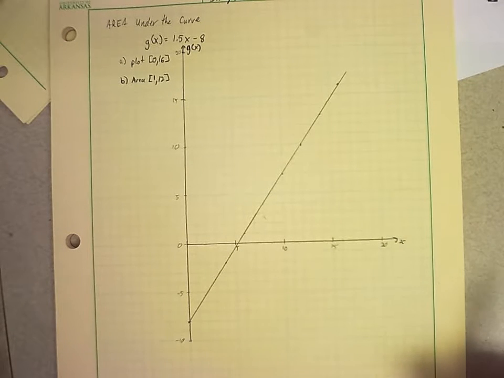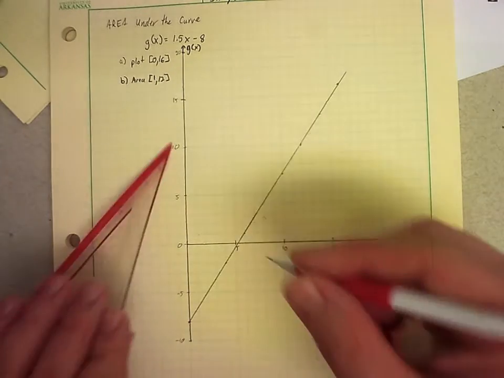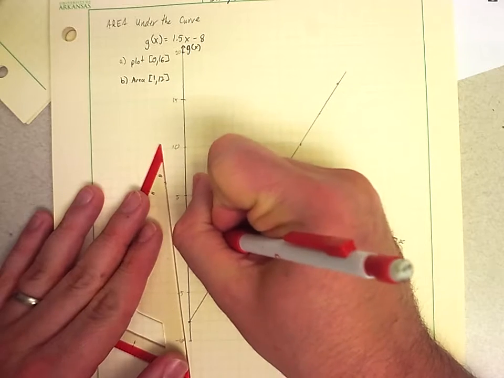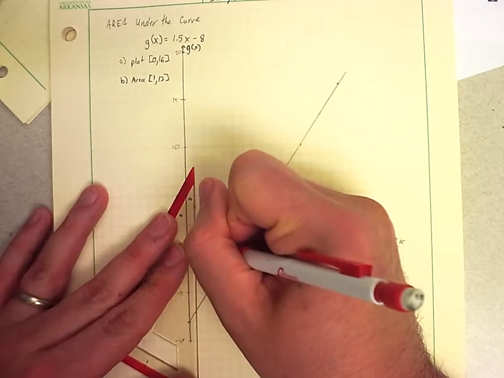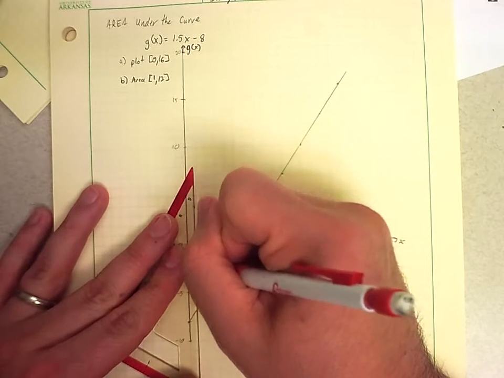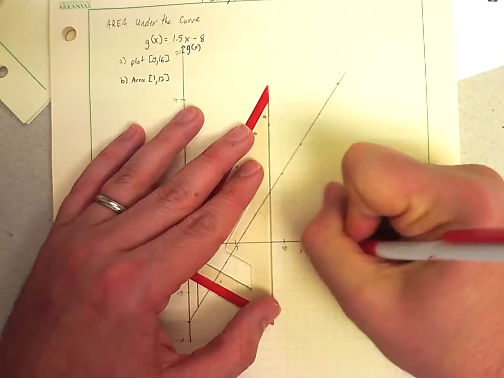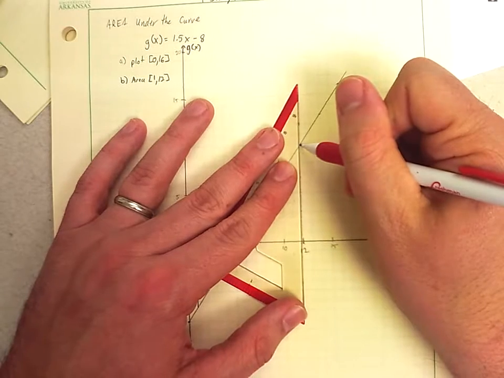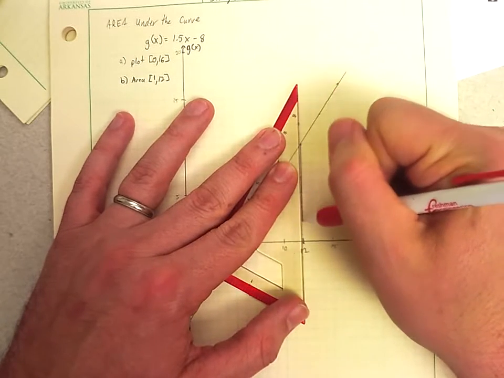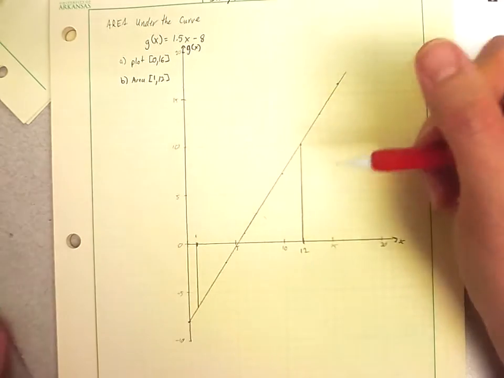And now what it wants to know is what is the area under the curve from 1 to 12. And so if we take our point 1 here, and we'll draw that spot, and then we take 12, which would be right here, and draw that spot. It wants to know the area under the curve.